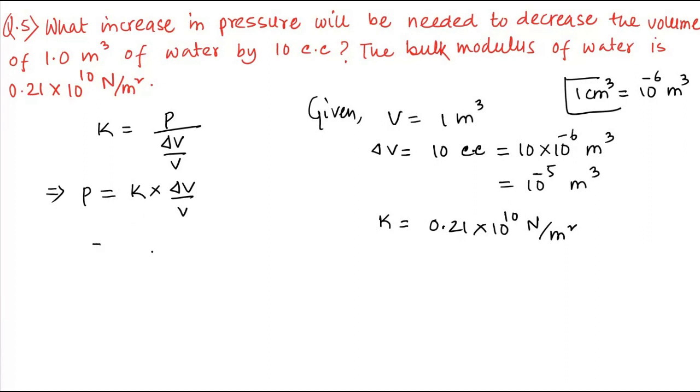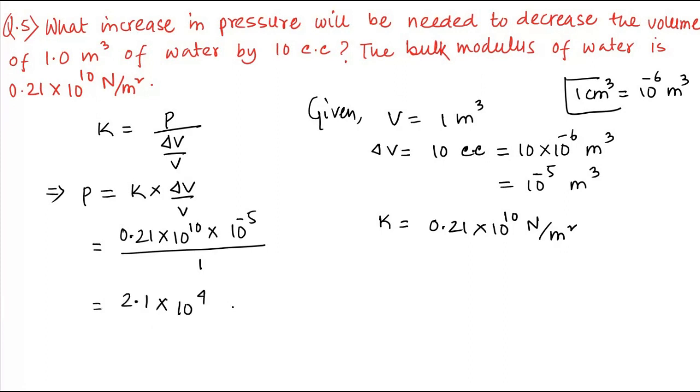So after putting all the values, it would be 0.21 into 10 to the power 10. Delta V is 10 to the power minus 5 and V is 1. So 2.1 into 10 to the power 4 Newton per meter square. So this is our answer. So the increase in pressure will be 2.1 into 10 to the power 4 Newton per meter square.